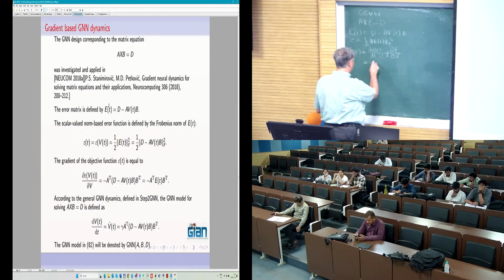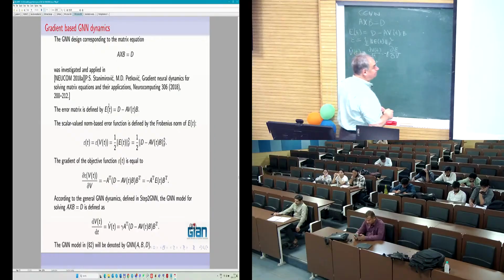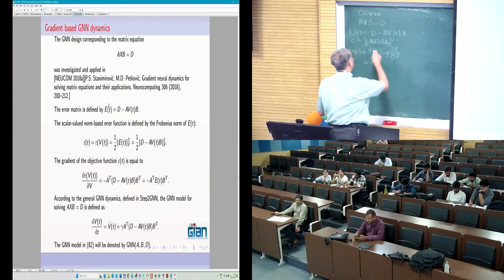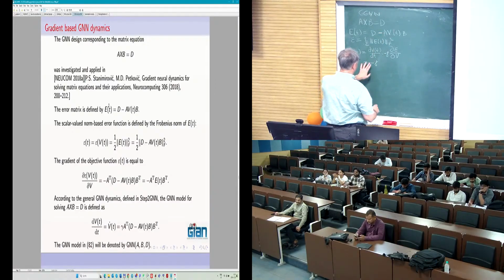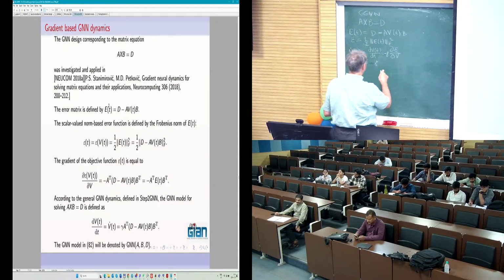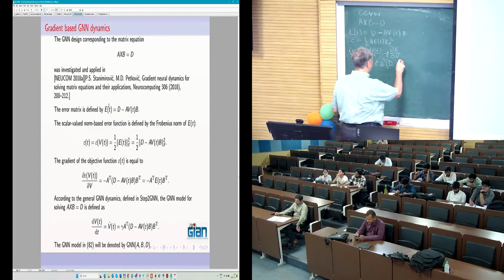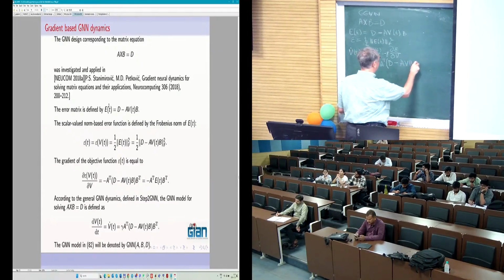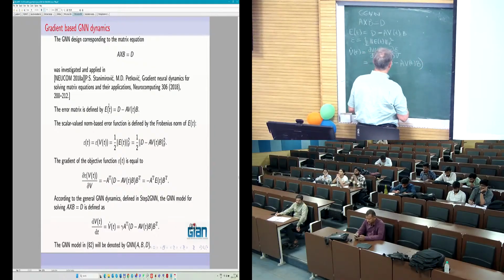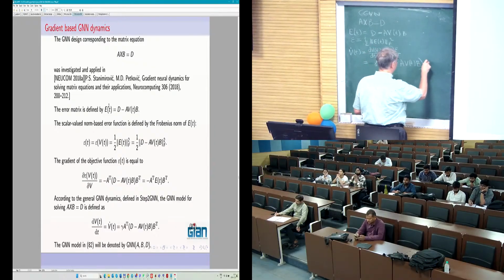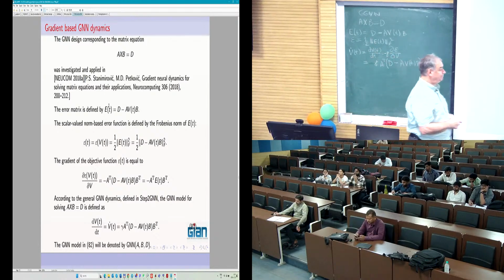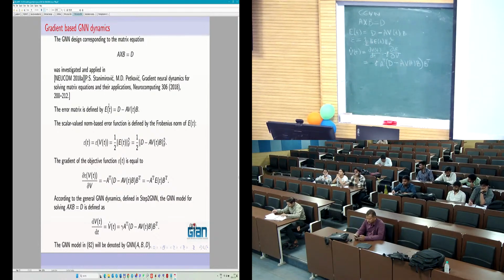In expanded form, it is equal to minus gamma, and here there will be one more minus, A transpose times D minus A V(t) B, times B transpose.